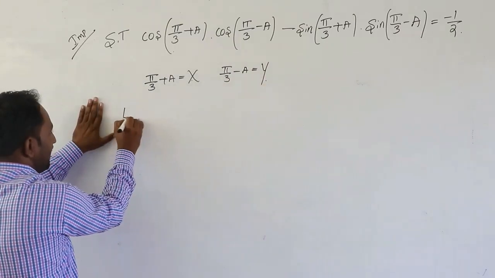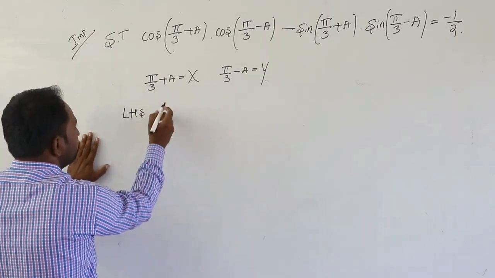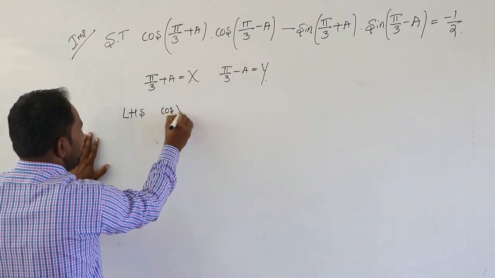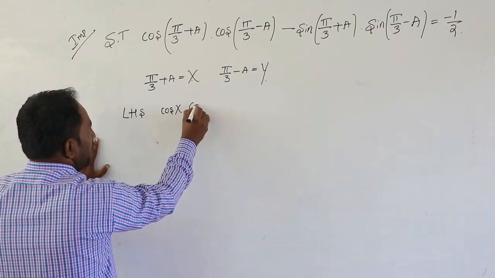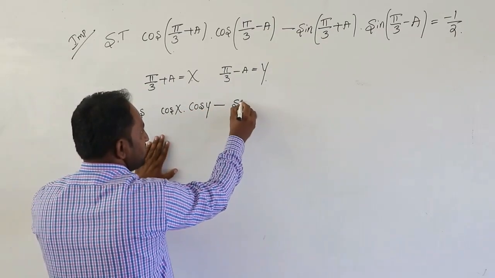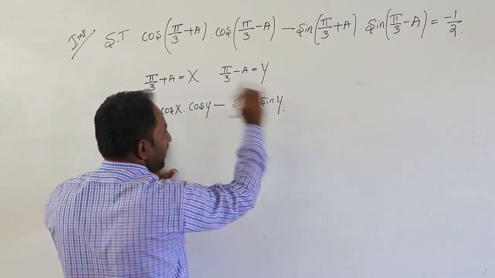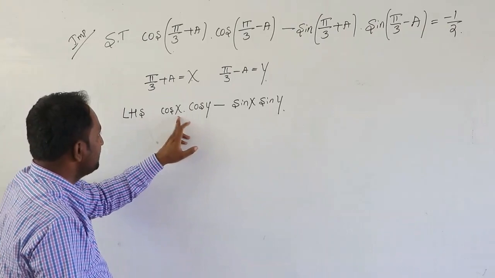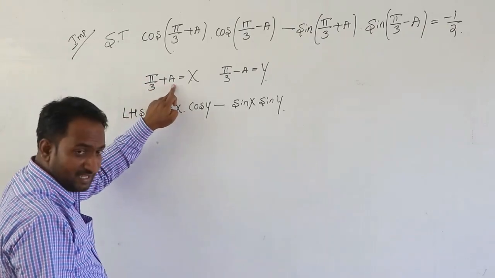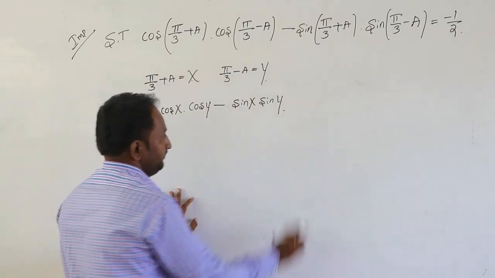Then we can take the LHS value as cos x into cos y minus sin x into sin y. Here x means pi by 3 plus a, y means pi by 3 minus a.